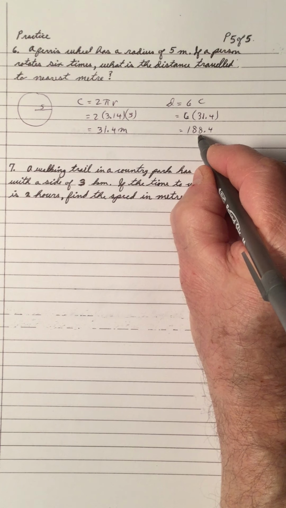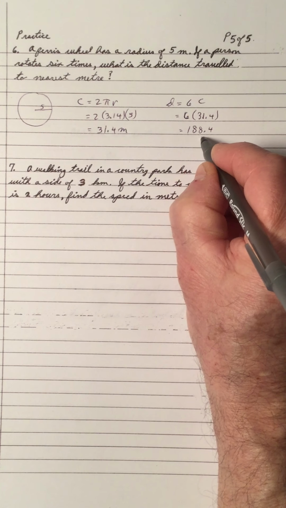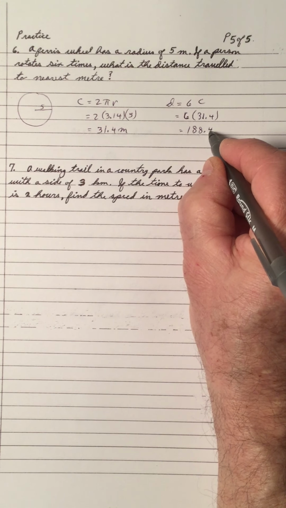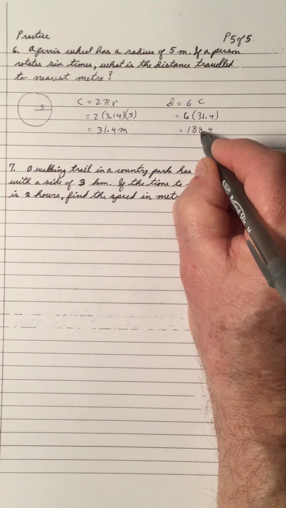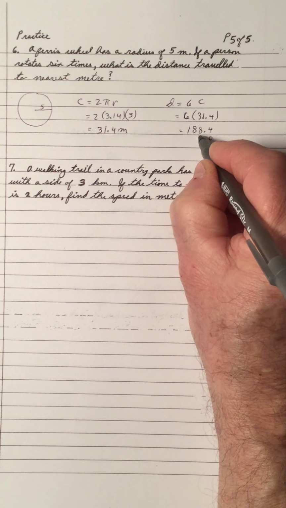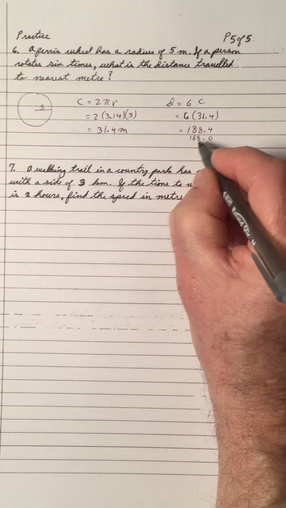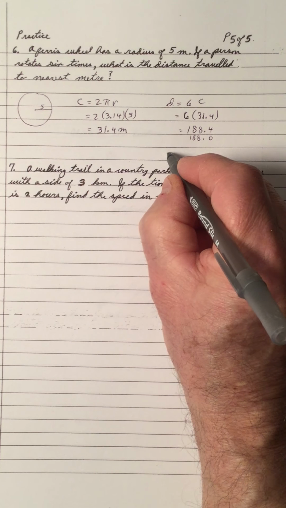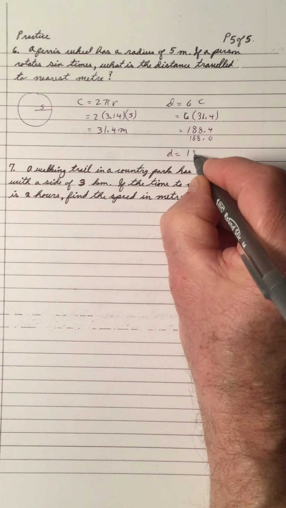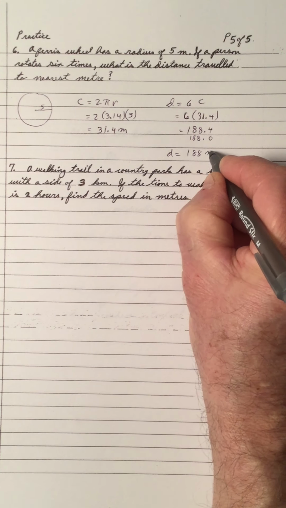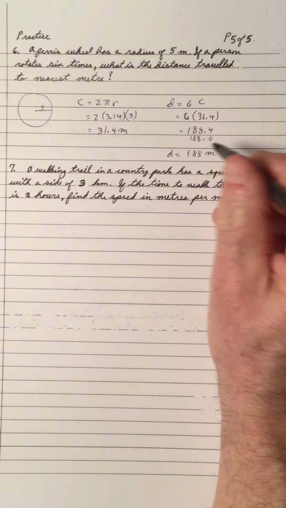There's units, so that's right here. This number is less than 5, so that becomes a 0. We do not add anything on to the 8, so it's 1, 8, 8. So the final answer is the distance traveled on the Ferris wheel is 180 meters to the nearest meter.